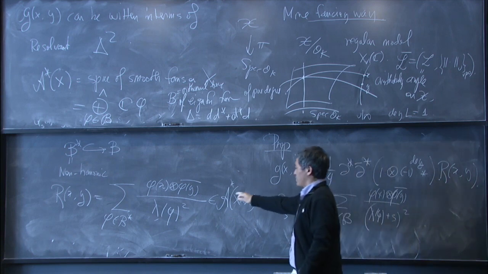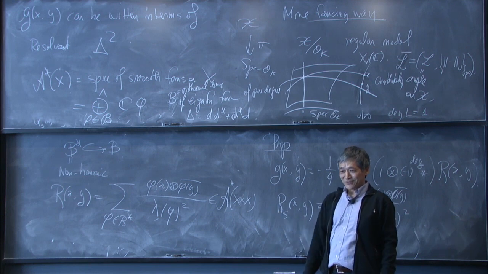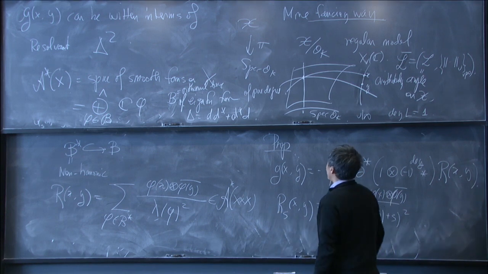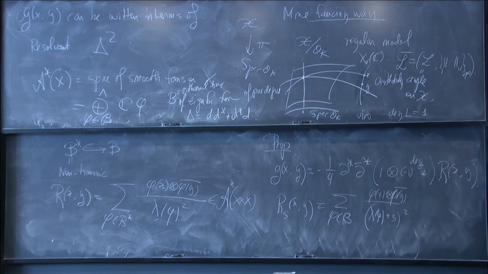The relationship to this one, of course, is the Taylor expansion at s equals 0. You take a residue out. But this one is easier to manage, because it is related to the Green current.